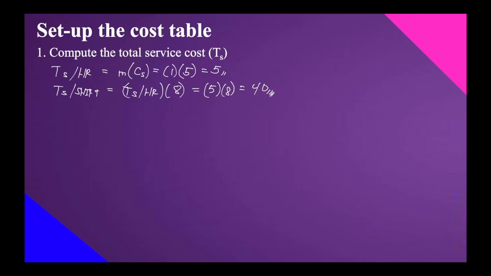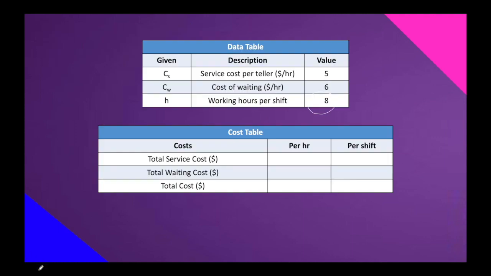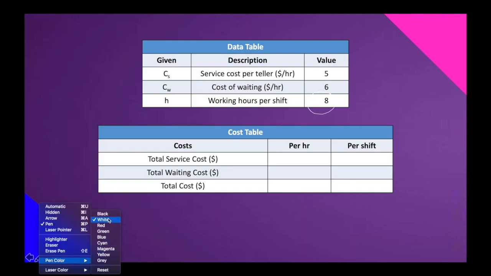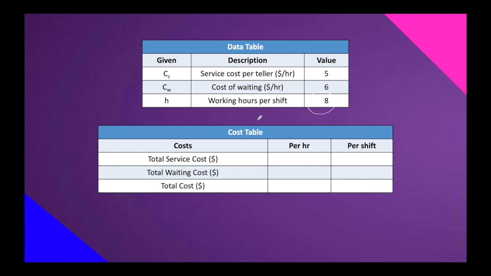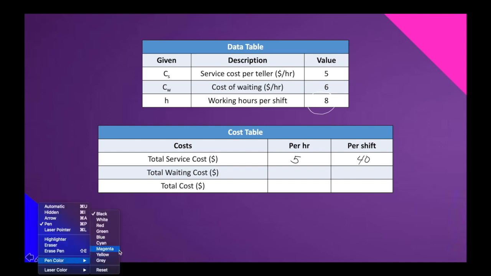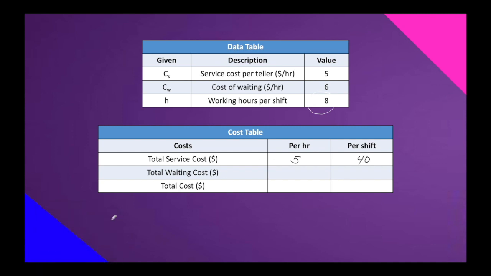So, ito yung total service cost natin per hour and per shift, 5 and 40. So, let's write these numbers sa ating cost table, 5 and 40. Ayan, meron na tayong first row. Napakabilis lang i-solve niya.